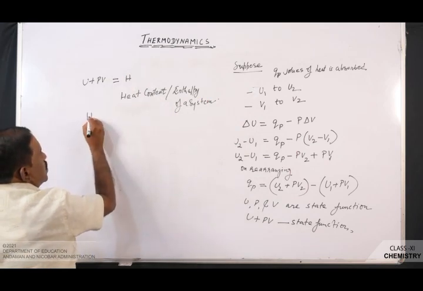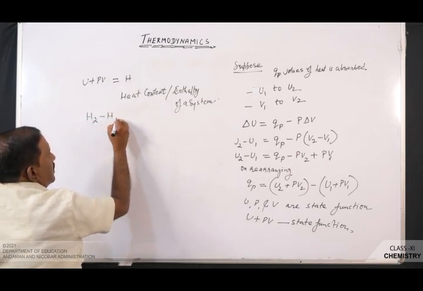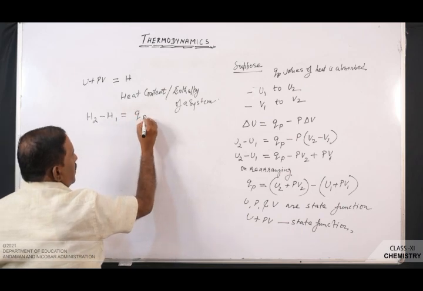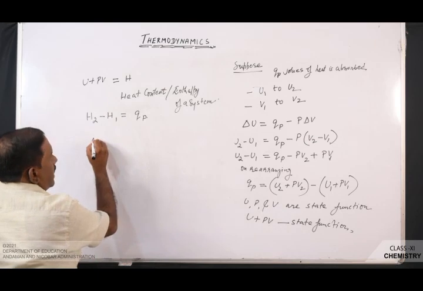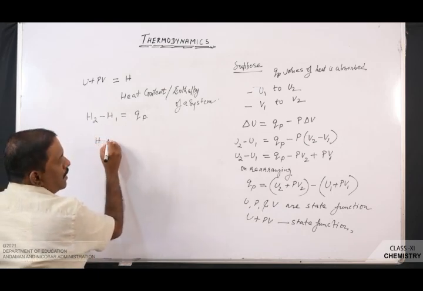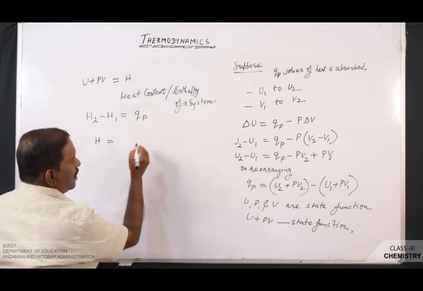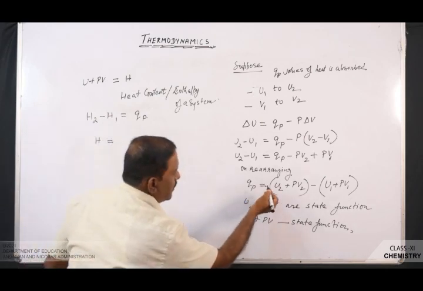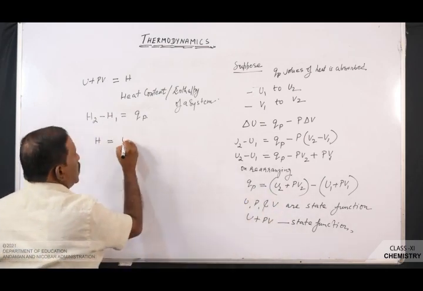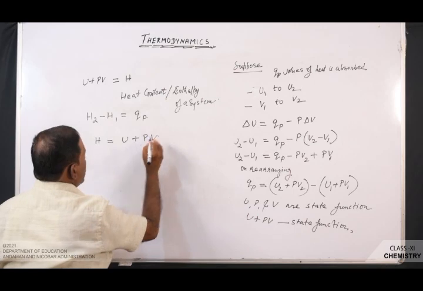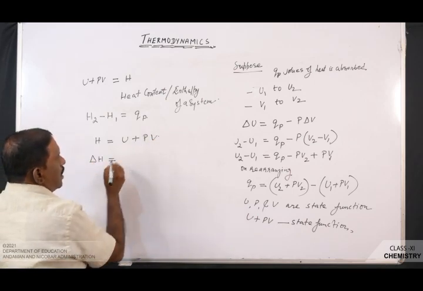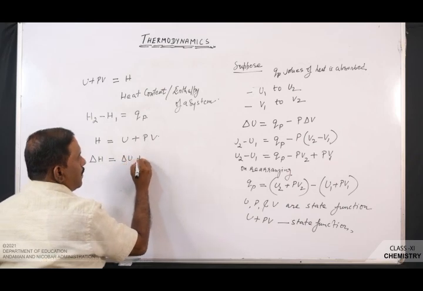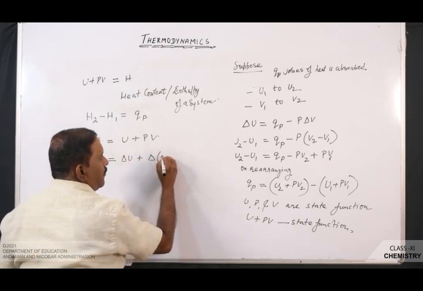So that is H2 minus H1, which is nothing but Qp. Now here I will substitute H is equal to U plus PV. So delta H is equal to delta U plus delta PV.